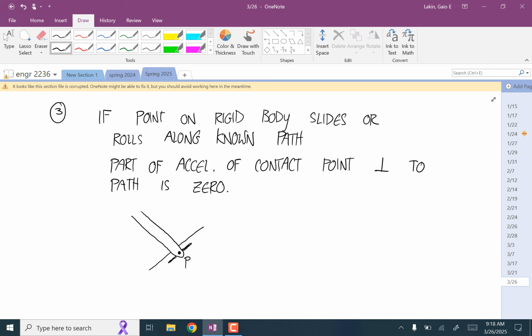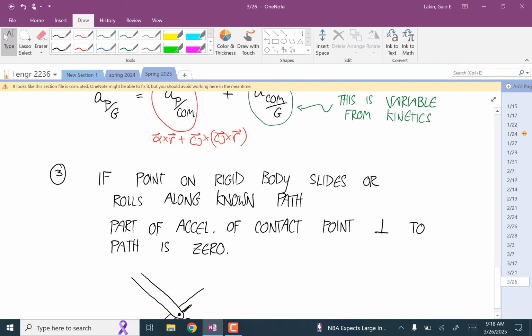But anyways, calculate the acceleration at this point and then set the perpendicular part equal to 0. Okay, and if you do it right, then the number of constraints that you get will exactly equal the number of new equations you need so that you have the same number of equations and variables and you can solve the system. Okay?